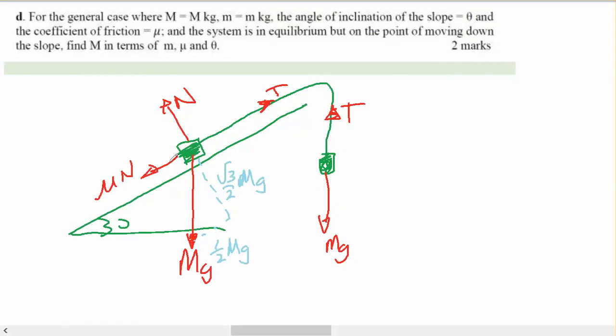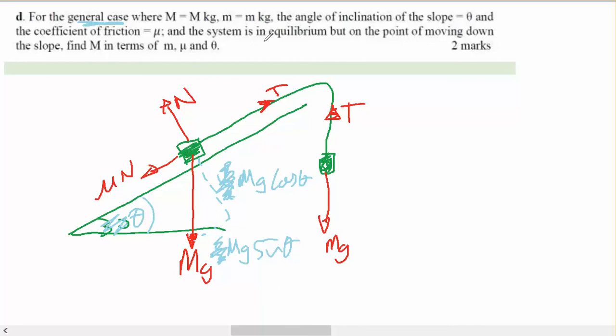Okay, so now I've redrawn all of the forces from the first part of the question when mass M was going up the surface. Now we're looking at the general case, angle of inclination, that's now theta. So I need to change these to be cos theta and this to be sine theta.